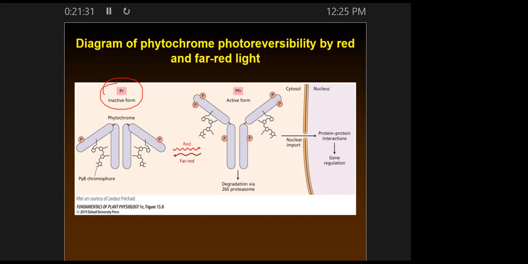And so it's a way to tell the DNA to shift its gene expression and do something different, appropriate to whatever the environment is telling the plant it has to do, like flower. So you have these protein-protein interactions, the proteins that turn genes on and off. That PFR form is going to be interacting with those, so it's a way to send a signal to alter the gene expression, hopefully appropriately for the plant.